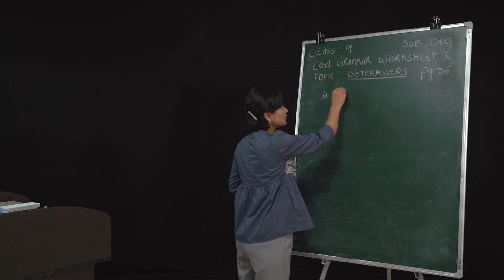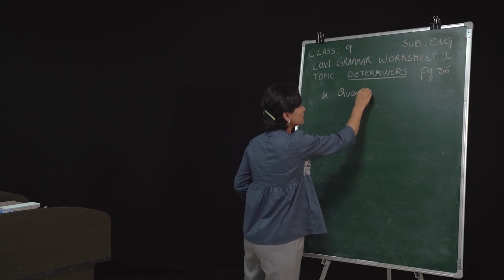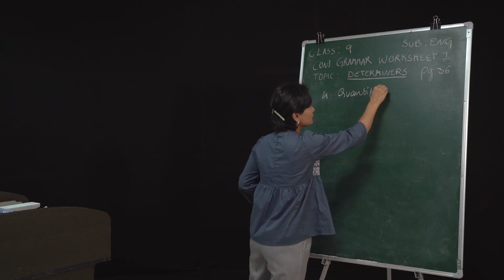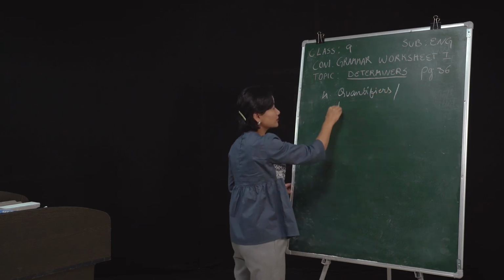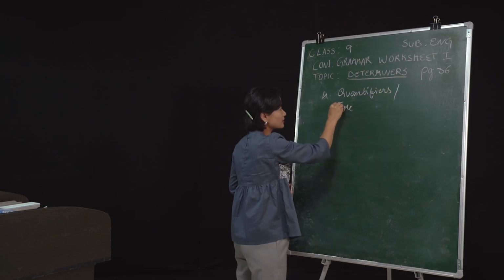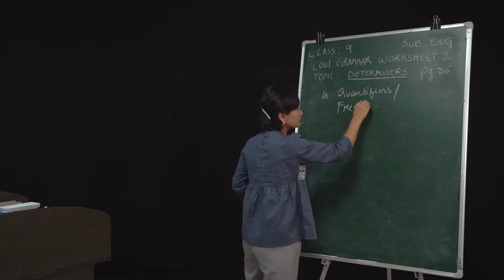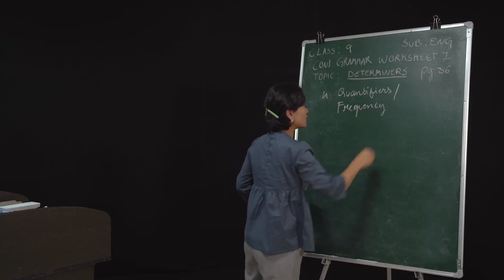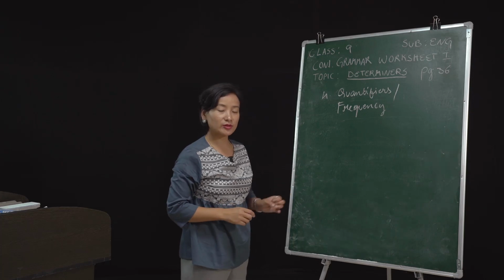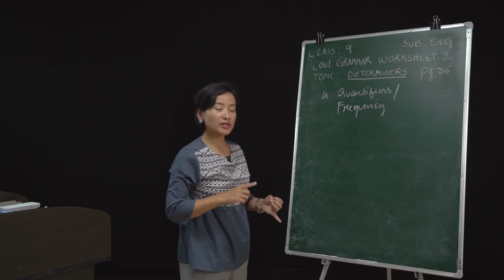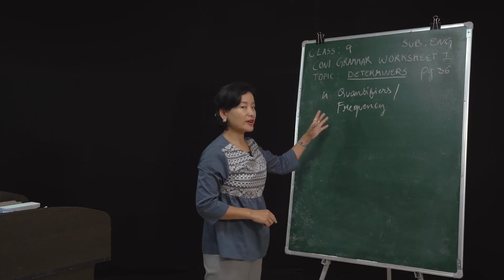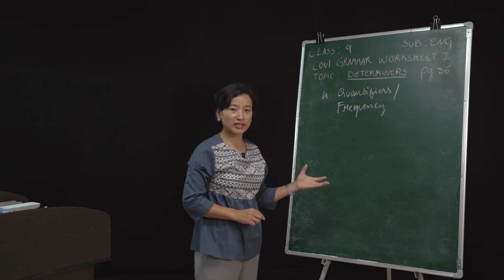For quantifiers or frequency. Now, remember, determiners has to do with qualifying a noun. It has to do with numbers. So, quantifiers, it tells us about the quantity, all right?